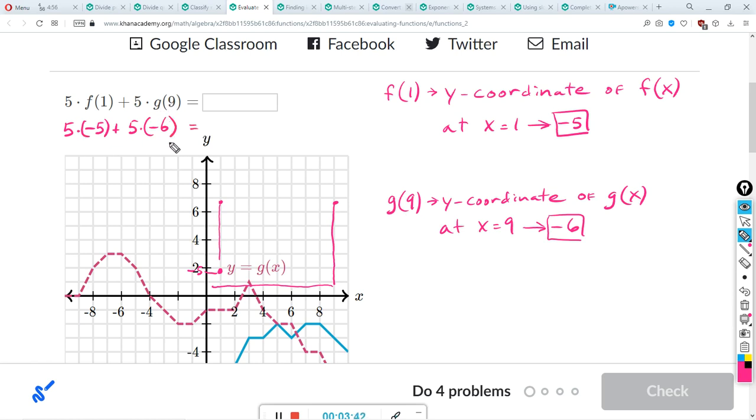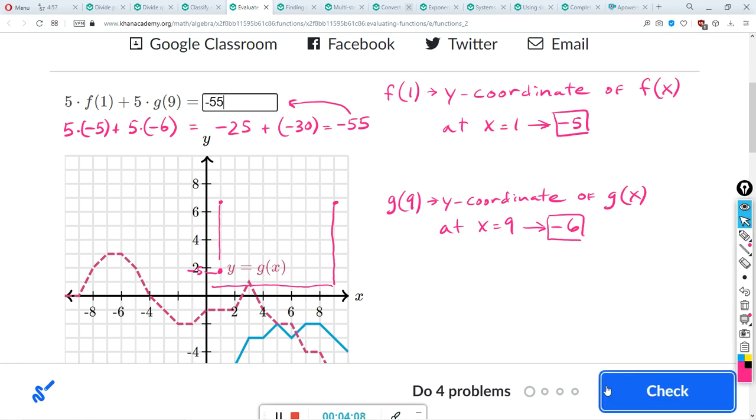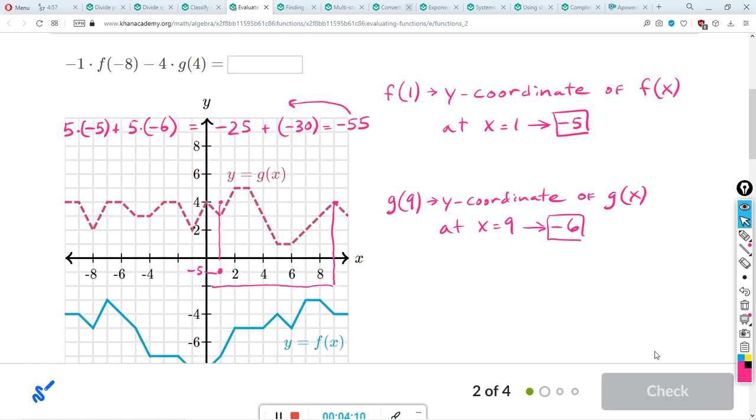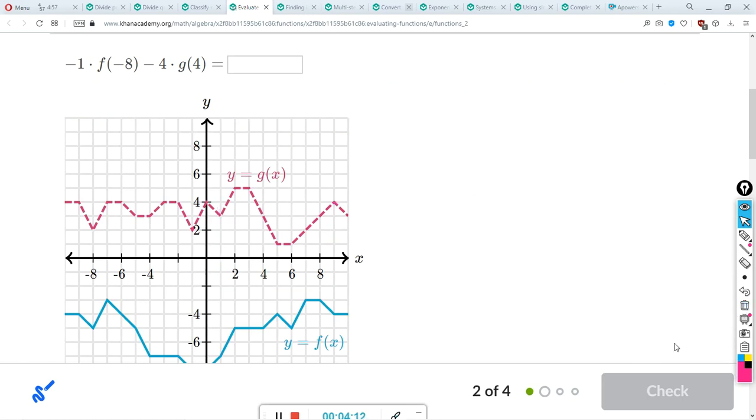Okay, so 5 times negative 5 is negative 25. 5 times negative 6 is negative 30. Okay, adding those together, that's a negative 55. And just enter that in the box. So these aren't too bad.